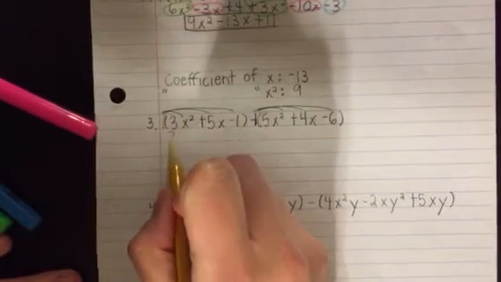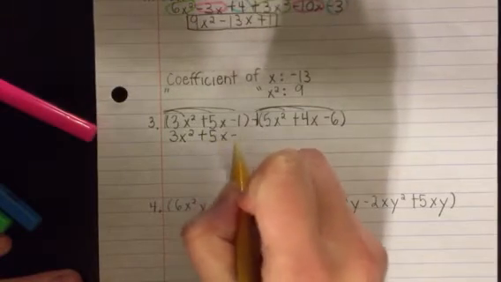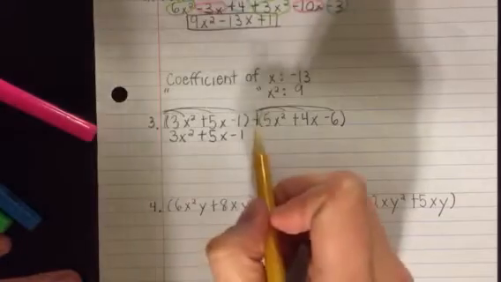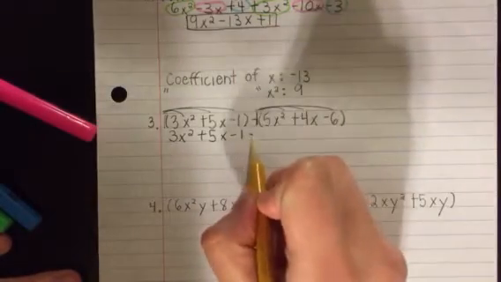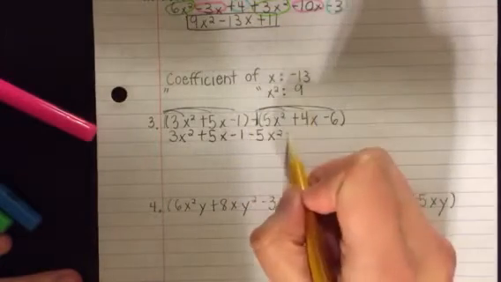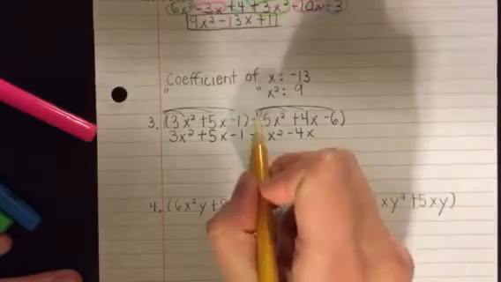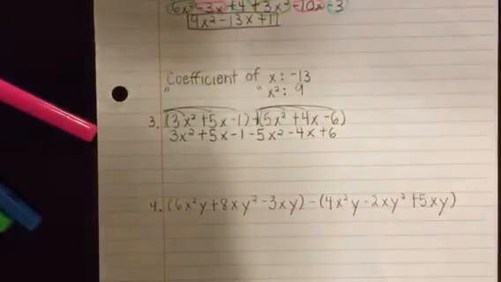So the positive 1 here doesn't change this. It's 3x squared plus 5x minus 1. But like I said, since this is a negative 1 that we're distributing in, we're subtracting. That becomes negative 5x squared. That becomes negative 4x. And negative 1 times negative 6 is going to make that become positive 6.